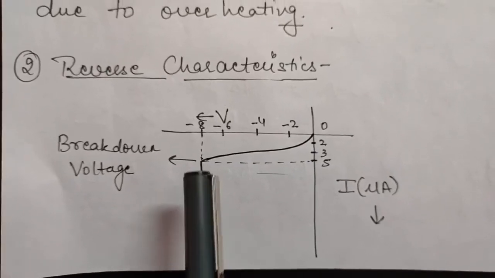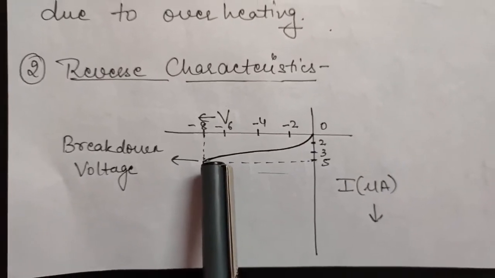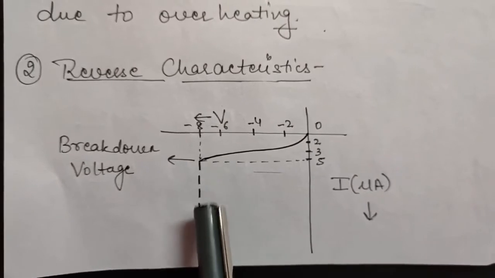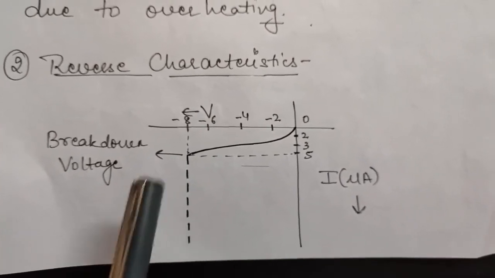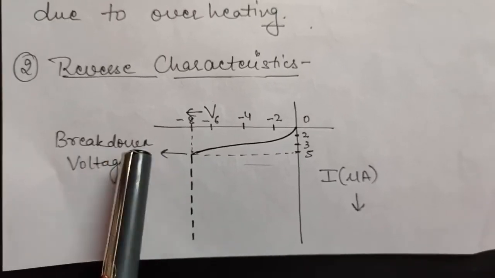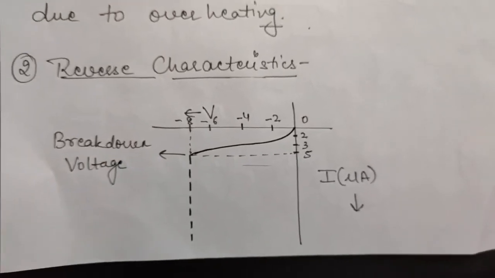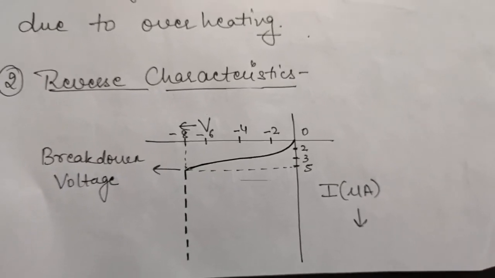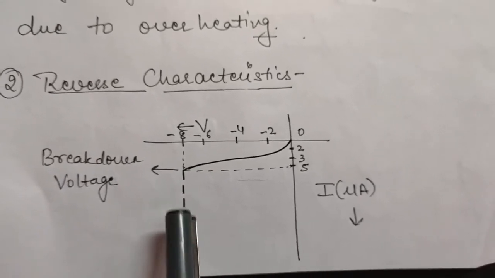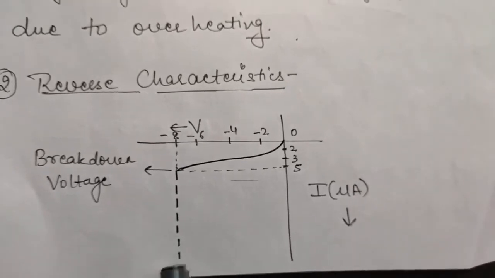But at this point, the current has increased abruptly, or you can say limitlessly. This voltage becomes the breakdown voltage, the voltage after which your PN junction will again get destroyed due to a very large increase in current in reverse biasing.